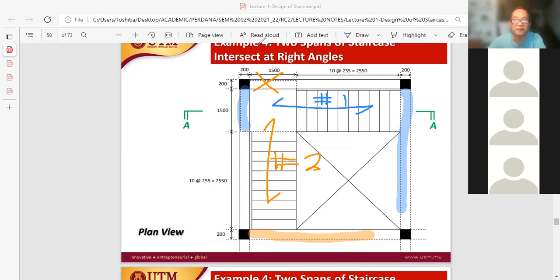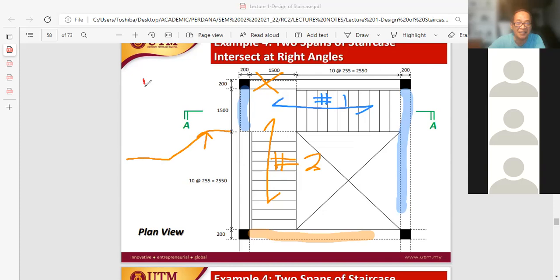Okay. So for flight number 2, we will have a landing going up. We have a support here. Here there is no support.